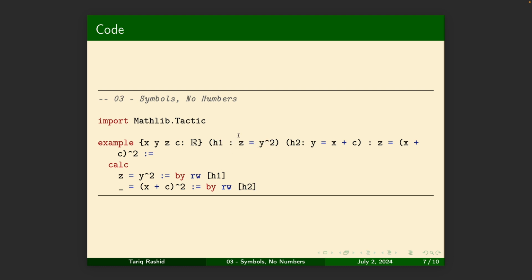The first hypothesis said z is y squared, so we can rewrite z in terms of y. It matches the pattern. So whenever we see a z, we can use y squared. So z is y squared, and we've justified that using this hypothesis and the rewrite tactic. And it's better that the language isn't overly crowded with special cases. The best languages are small, with the smallest syntax.